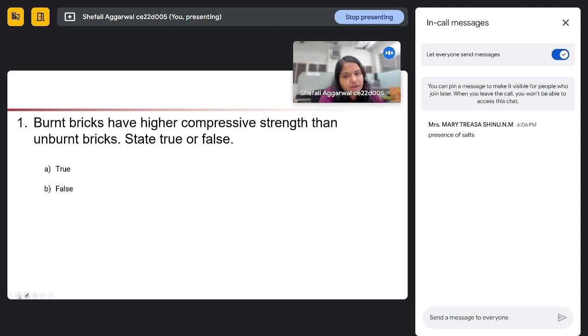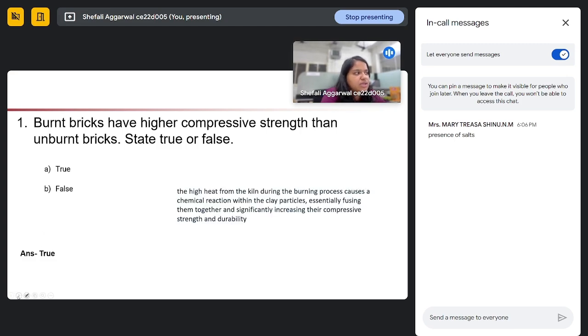Okay, we have already discussed this. Burnt bricks actually have a higher compressive strength than unburnt bricks. What is the reason? Because of the heat from the kiln, there won't be any moisture, and the burning will cause a chemical reaction within the clay particles, which will fill up the pores in the burnt brick.